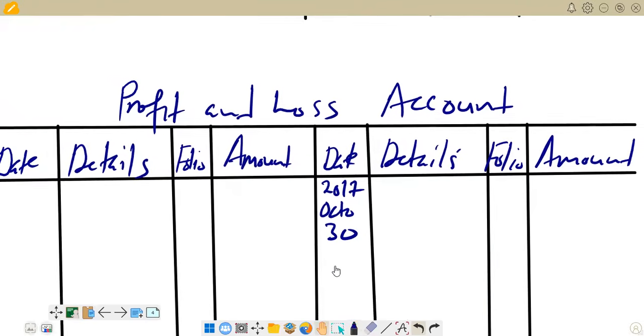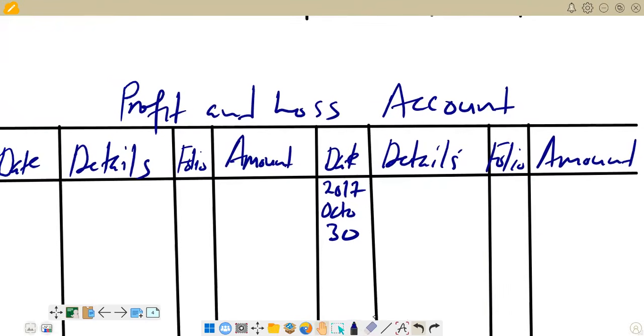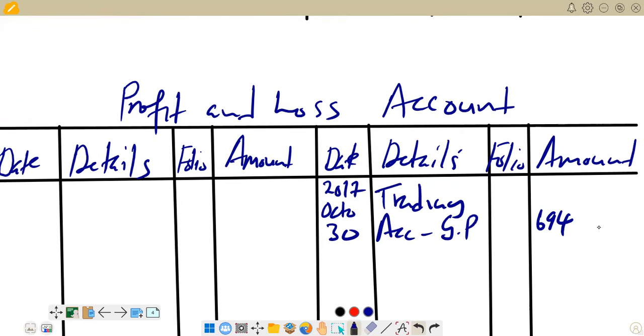And remember the amount that you got is gross profit there. So here we are saying trading, because the amount is coming from the trading account. And basically it's the gross profit. And the amount that we got there was 694,940.